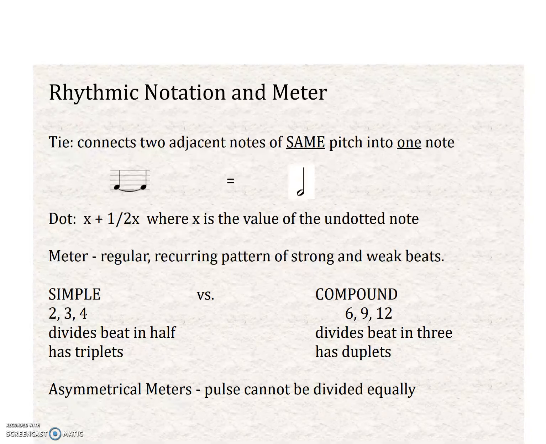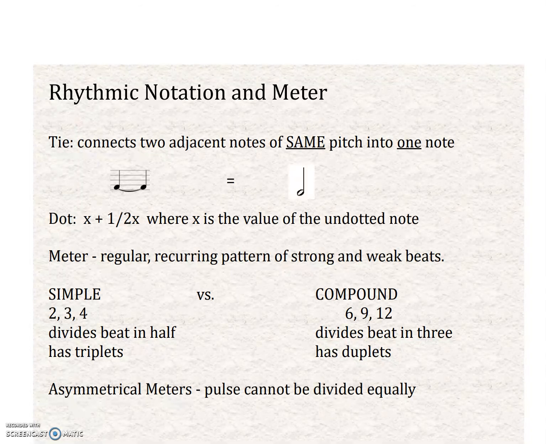There are spelling and rules of manuscript writing that mean you would probably not write it as a half note. If you had that kind of a line with two notes that were not the same pitch, but were next to each other, it would be a slur. Okay, not a tie.